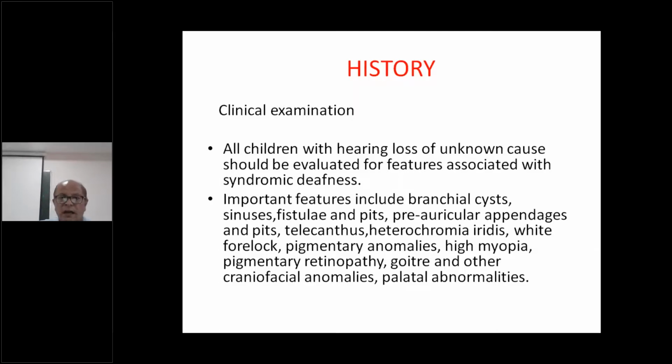All these will be taken by the gynecology colleagues, and they will put it in the case sheet showing that this particular child in the womb of the mother is at risk.